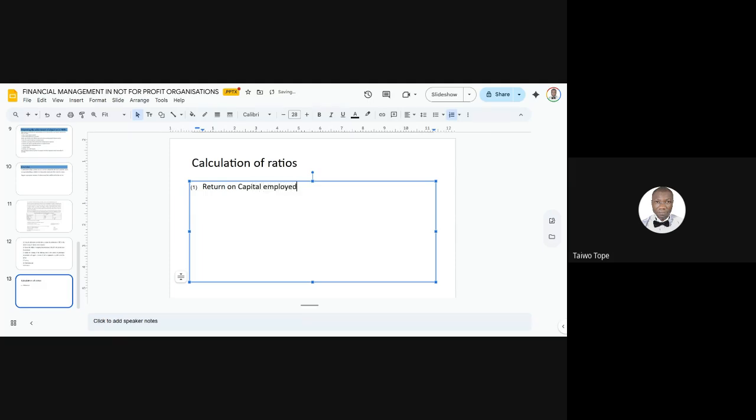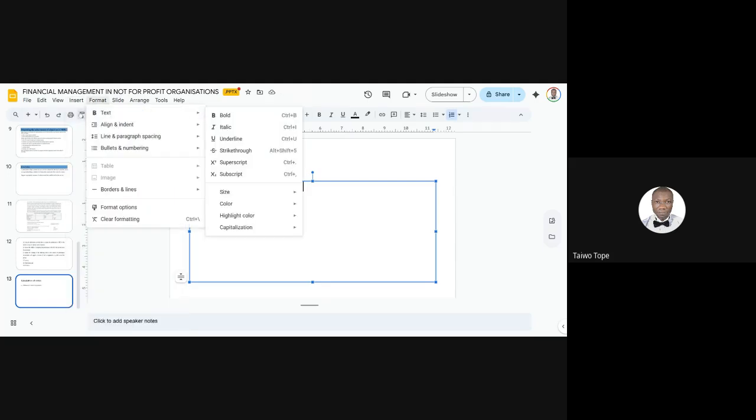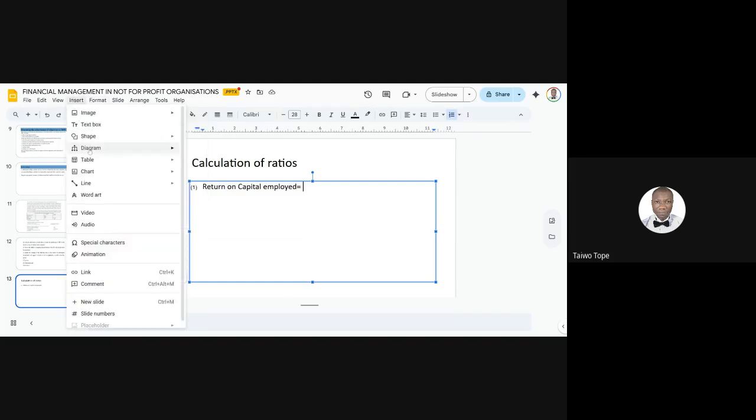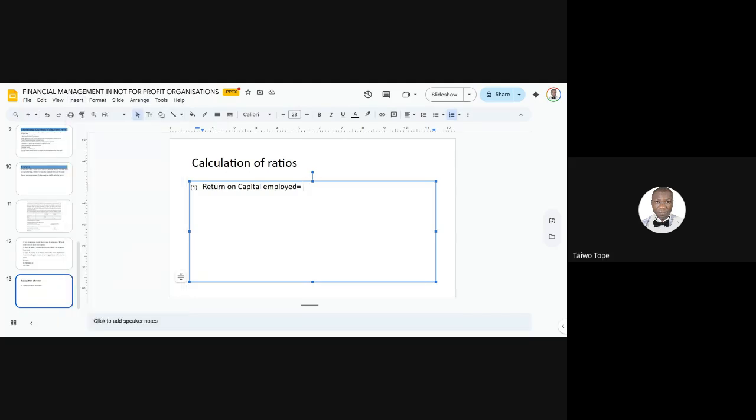The formula is operating profit divided by capital employed, multiplied by 100. There are different definitions of these things in various textbooks, so you accept my formula this way.